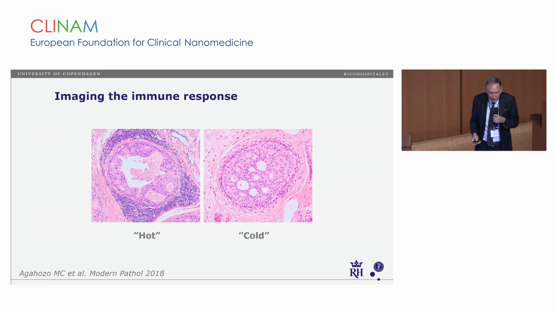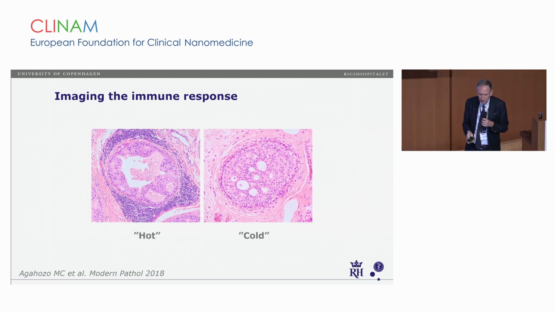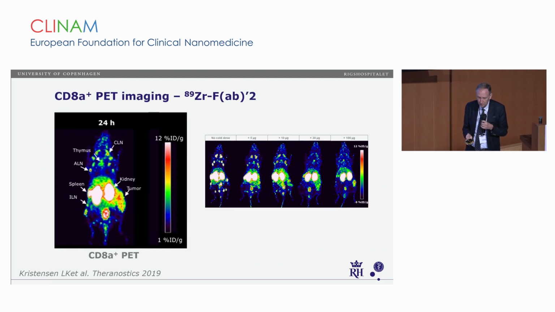To put it another way, this is just showing 2 breast cancers up here. The one on the left is a so-called hot tumor, a lot of T cells, the dark spots you can see. On the right side, a totally cold tumor. So if you come in with checkpoint inhibitors, of course, there's a difference in how well they will work in these 2 situations.